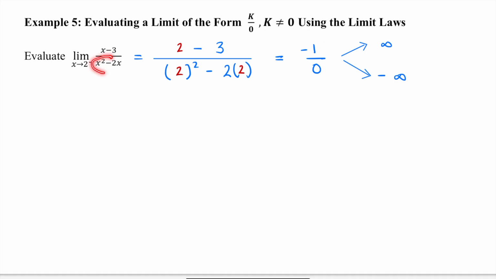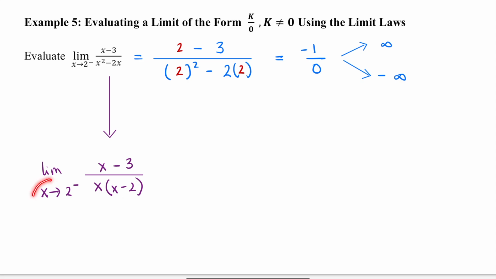First, let's factor the denominator. X squared minus 2x factors as x times x minus 2. So the expression becomes x minus 3 over x times x minus 2.